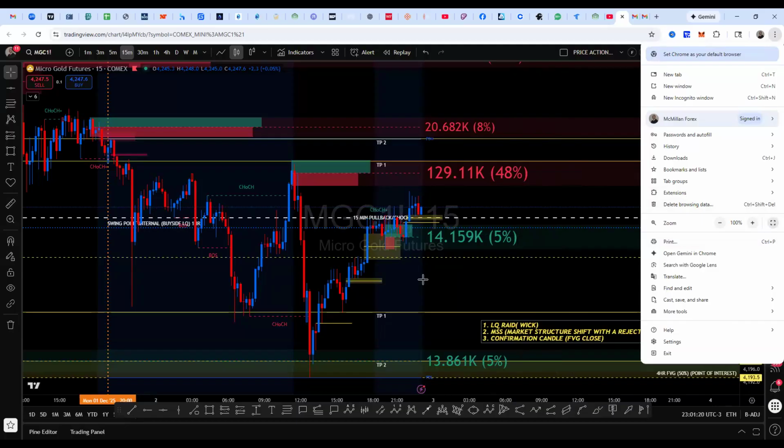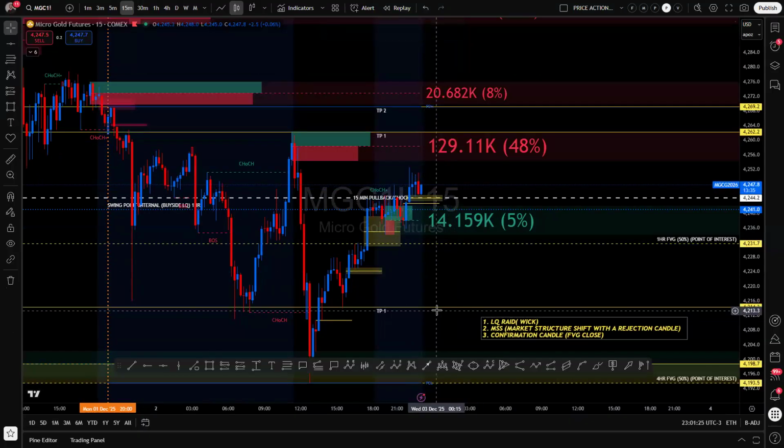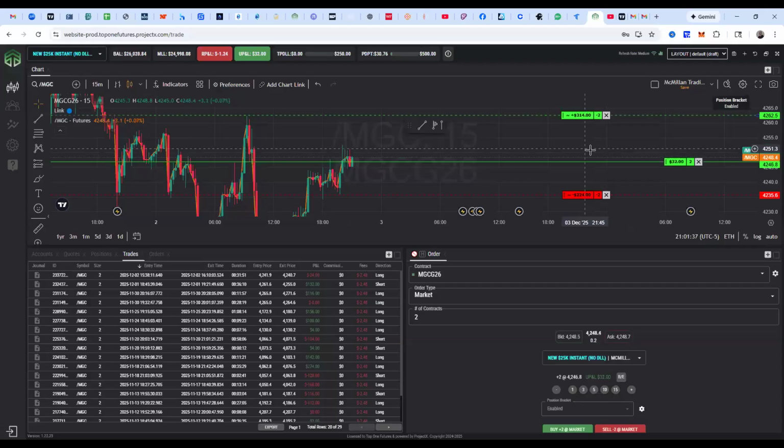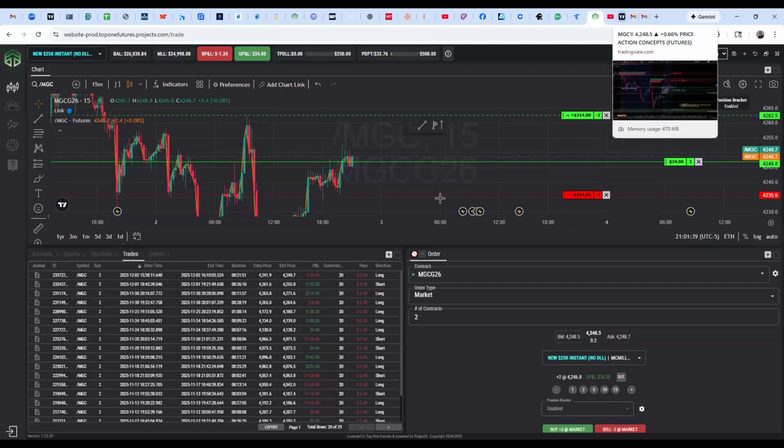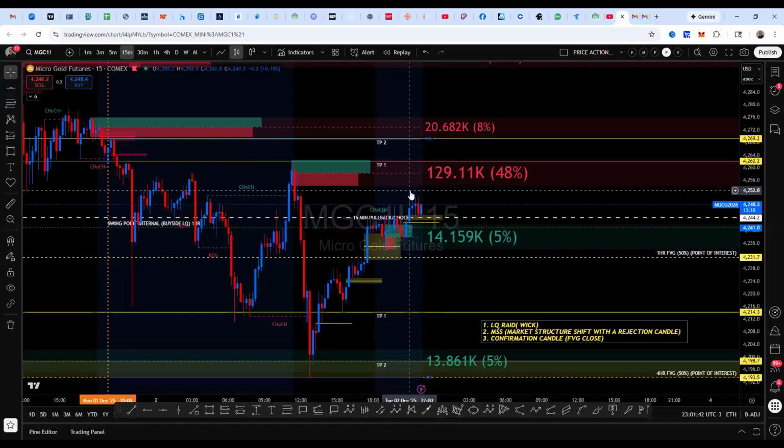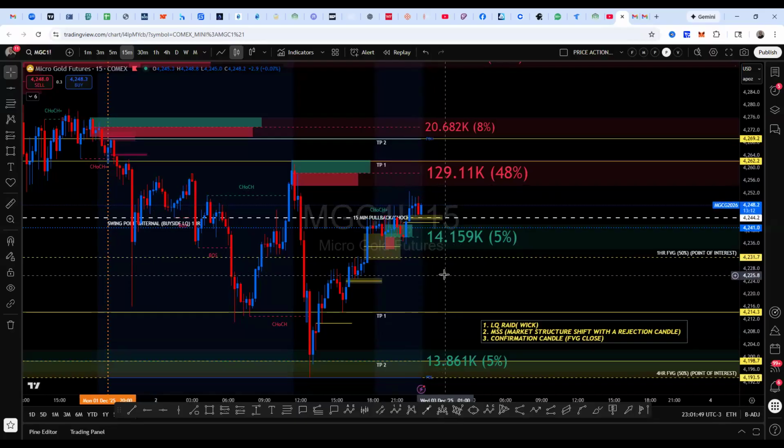This might be accumulation now. Yeah, I'm gonna see a price pass this wick. If it does, then I might check the account. But yeah, this looks like accumulation to me.